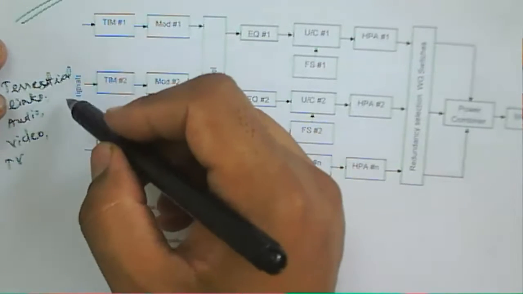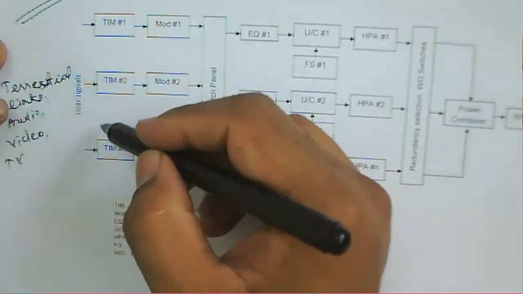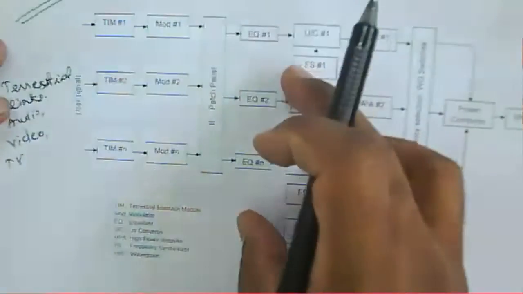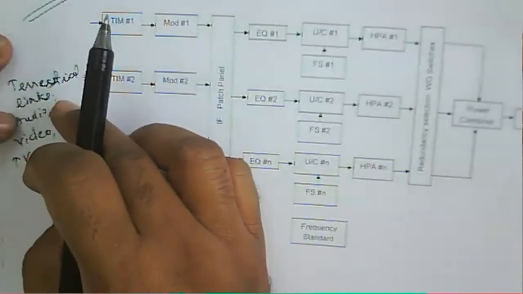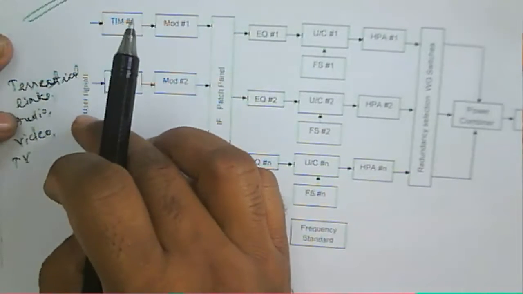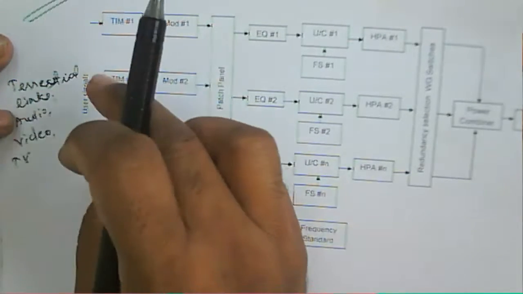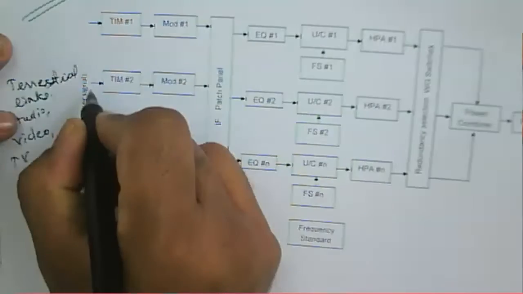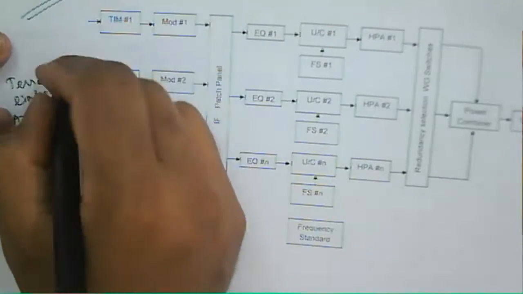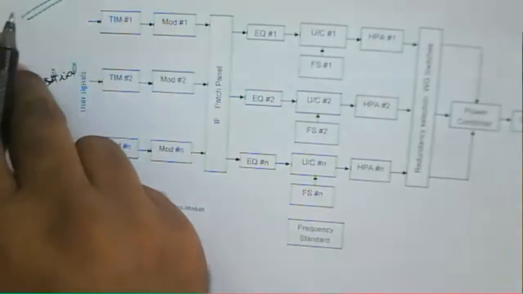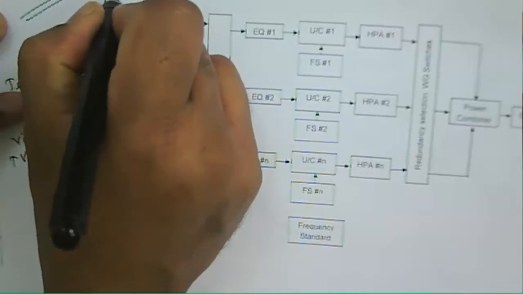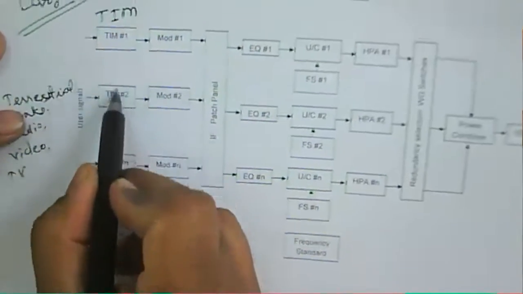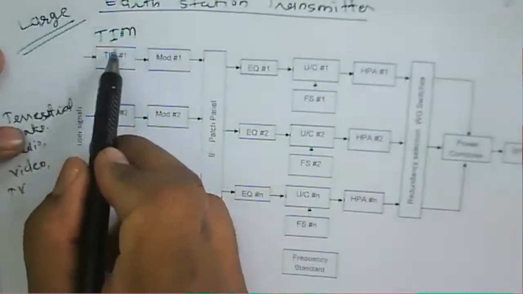And similarly, if you consider a medium earth station, again the same input is there for this medium earth station. So generally, we have this user signal, and that will be input to this terrestrial interface module, TIM.